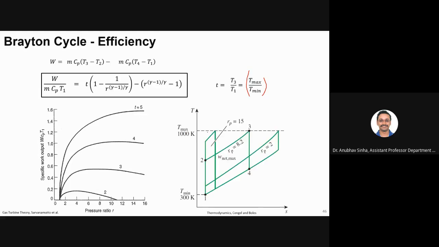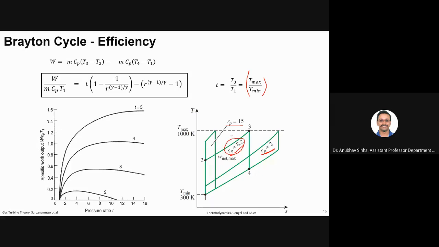For example, if you look at this small rectangle shown here, this pressure ratio Rp is 15. If you change the pressure ratio to 8.2, it will look like this. If you change the pressure ratio to 2, it will look like this. Which one do you think gives the most work done? Which pressure ratio will give you the maximum work done? 8.2, because it has the largest area.